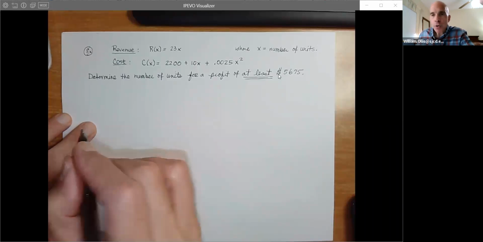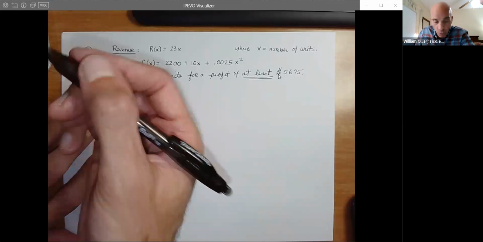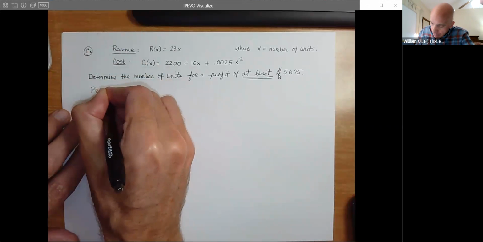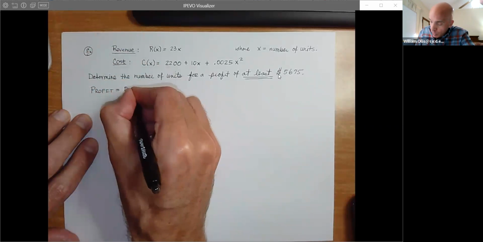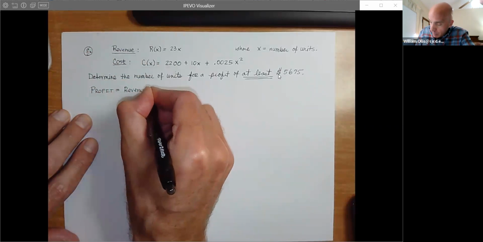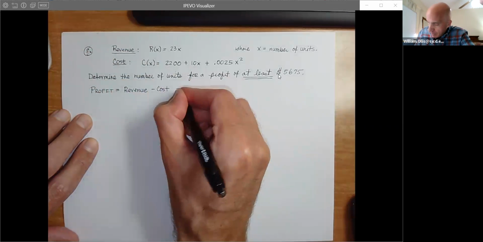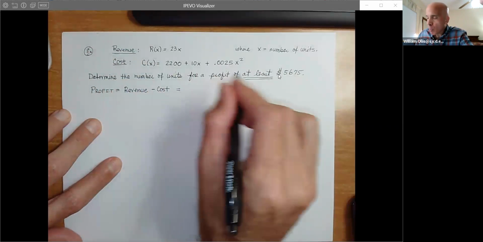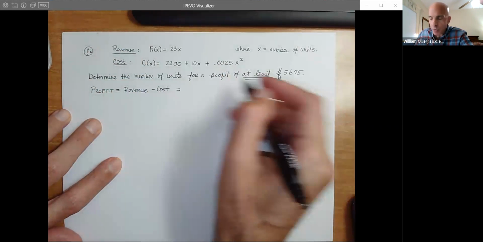So in order to solve this, we just use the basic definition for profit. So we're going to say this profit, as you probably already know, is revenue minus cost. So let's go ahead and write it down. Now, to be a little bit more emphatic here, I'm going to go ahead and write that as a fraction, then we'll work it to reduce.